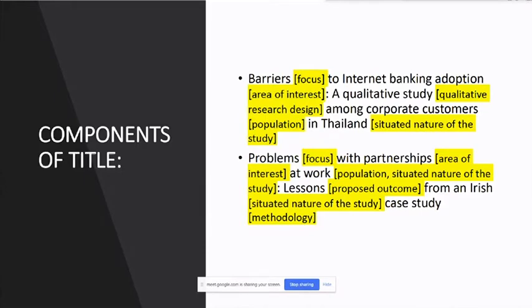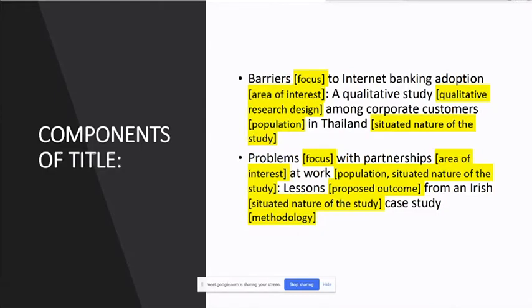Another example would be Problems with Partnership at Work: Lessons from an Irish Case Study. Again, very clear. Problem would be the focus. You're looking at problems or issues. With partnership is the area of interest. Partnership is the interest because working condition or working environment is a big area. So you narrow down to one part, one area, where you're looking at challenges surrounding partnership in the working environment.